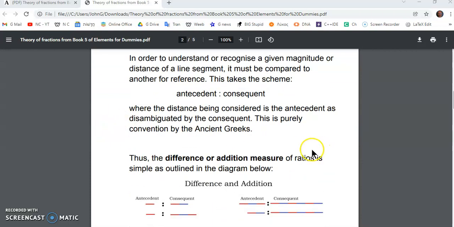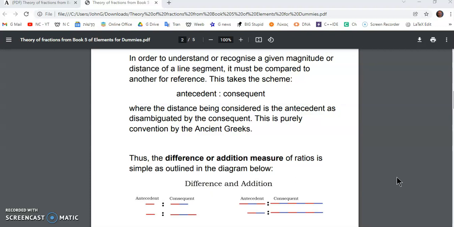Now, in order to understand or recognize a given magnitude or a distance of a line segment, now remember the Greeks used line segments because they were the easiest to derive from nothing. Such a line segment must be compared to another for reference. I mean, if you just talk about a given magnitude and you don't compare it to another one, there's no way you can talk about it in any other sense, because unless you compare it to another magnitude, you don't have any concept of what the relationship might be, whether there's any quotientness or anything else.